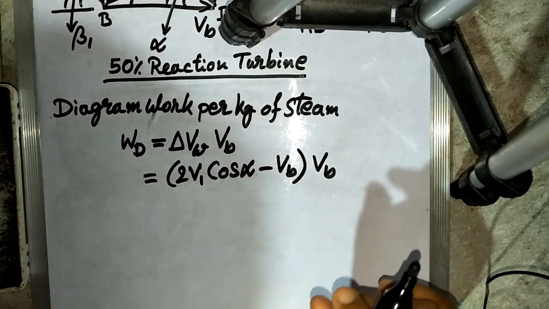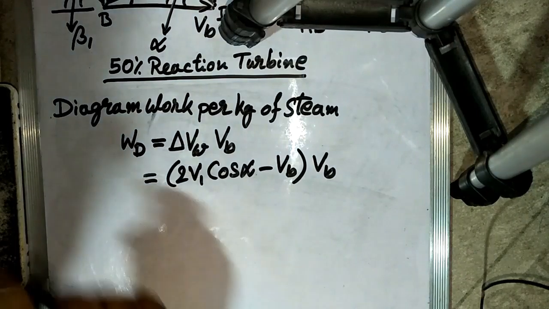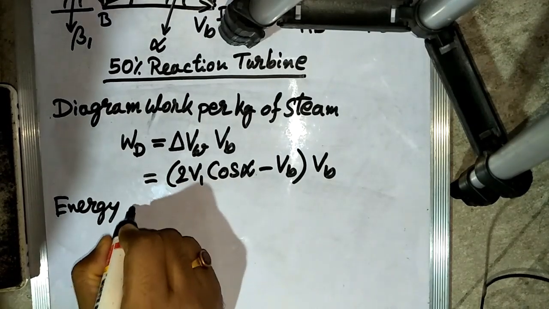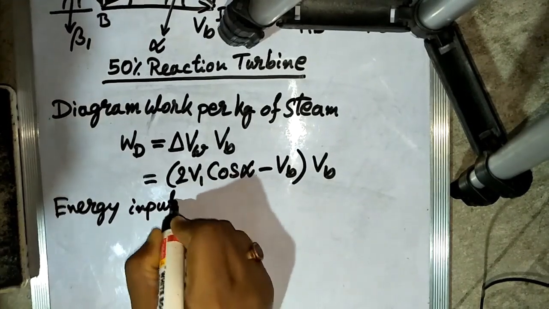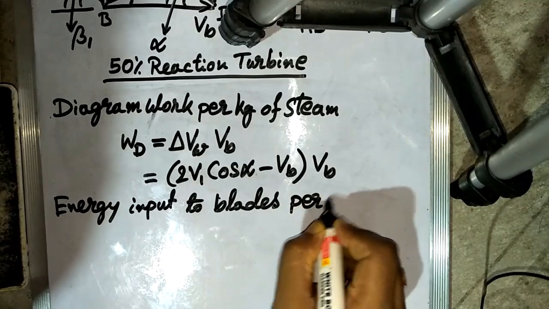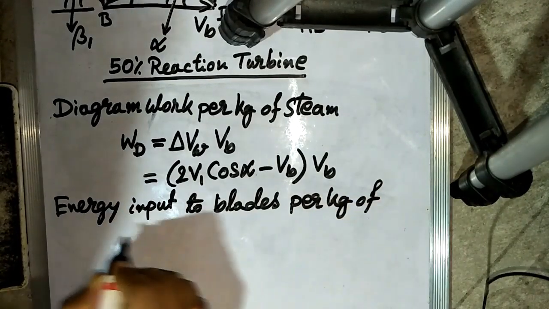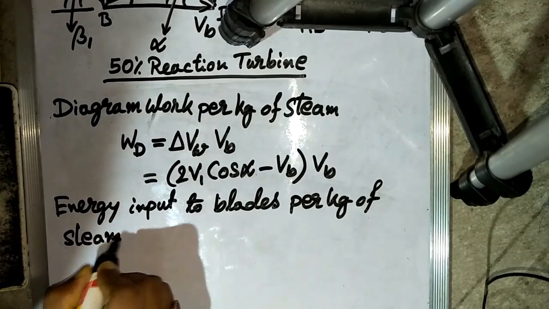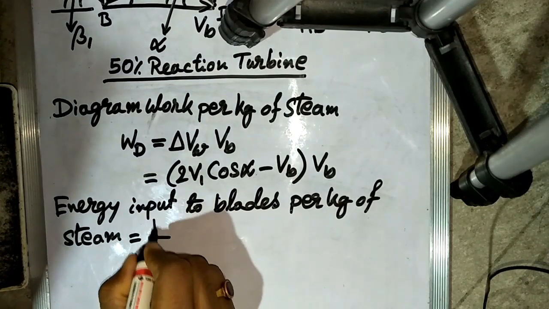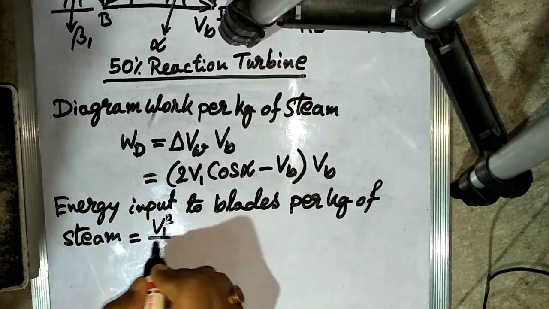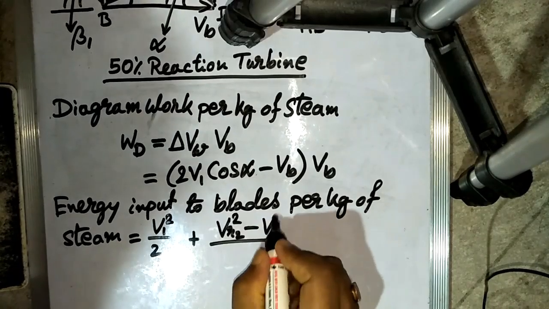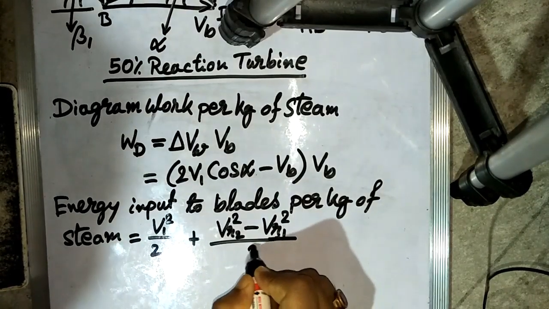Now the energy input to blades per kg of steam. The energy input to blades per kg of steam is equal to v1 square by 2 plus (vr2 square minus vr1 square) by 2.